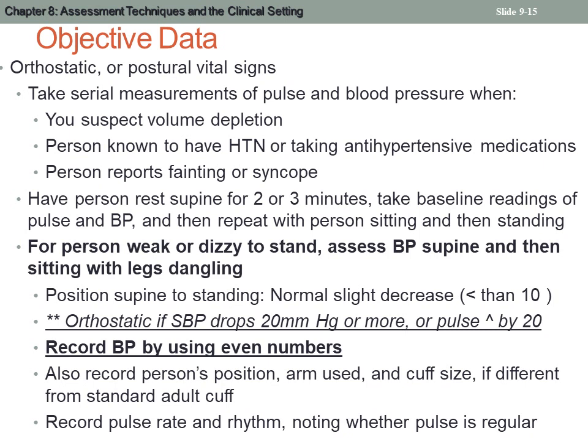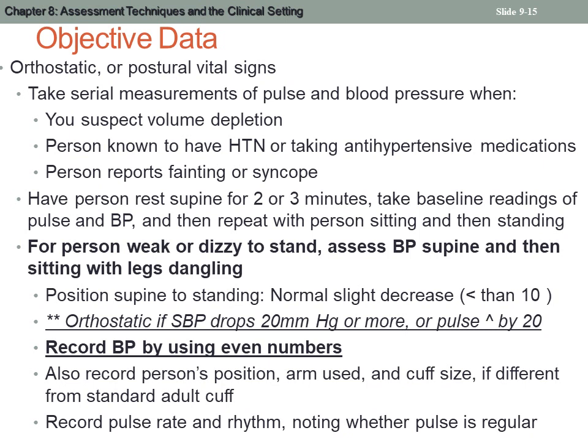So now that we know how to take our patient's blood pressure, we're going to sometimes take orthostatic or postural vital signs. Your physician would generally ask for this. What they're asking for is vital signs when the patient is in different positions. We can take blood pressure with the patient supine, lying down flat, when they're sitting up, and also when they're standing.